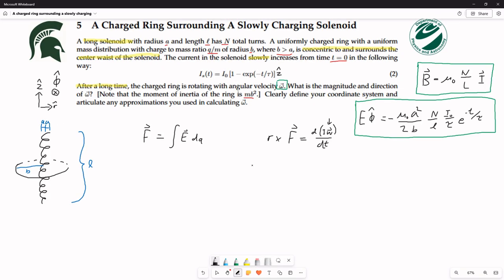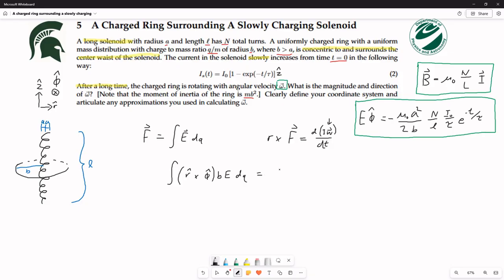So let's get into it. I'm going to rearrange some things. Integral of r cross phi hat, and this radius is going to be the radius of the ring, times the electric field, dq. And this is still an integral over dq.